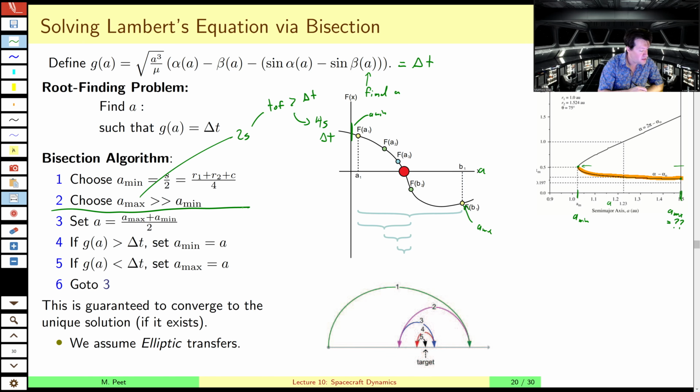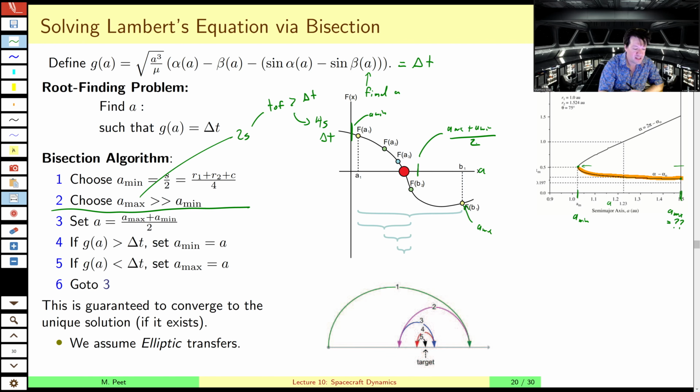The second step, or the first part of the recursion, is to choose a guess between A max and A min. Since you know nothing more than the max and min values, and presumably you don't know much about the function itself, we're just going to guess the middle point between those two points. So this is A max plus A min divided by 2.